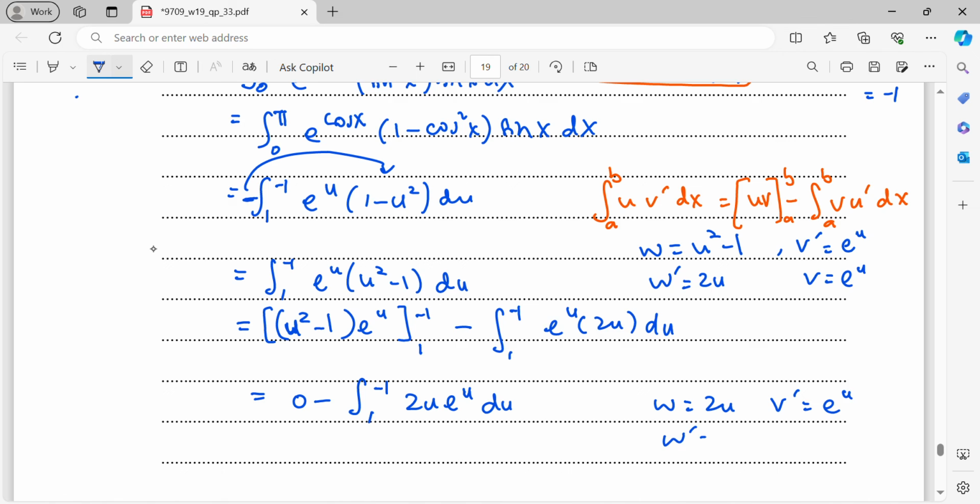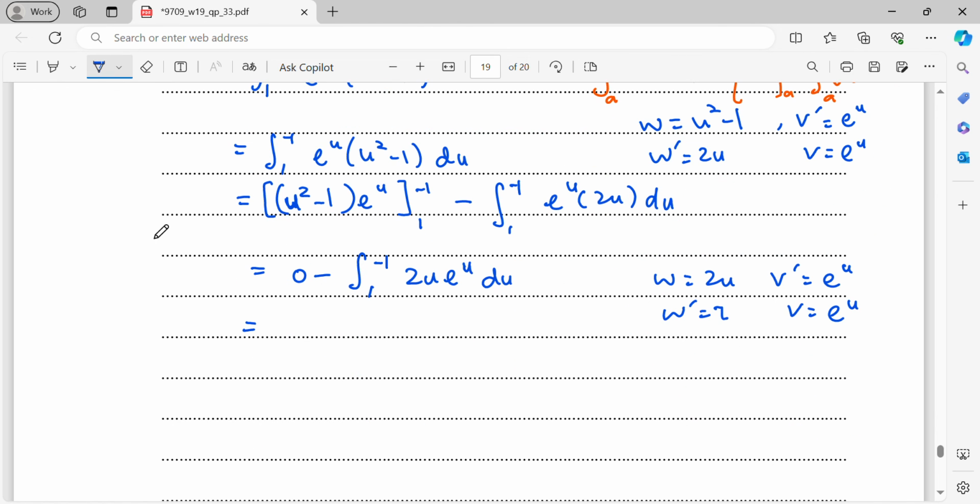Therefore my w prime is 2, and my v is e^u. So again by parts, it will be negative of the integral of wv: 2u e^u with limits from 1 to minus 1, minus the integral of v w prime, so 2e^u du with limits from 1 to minus 1.